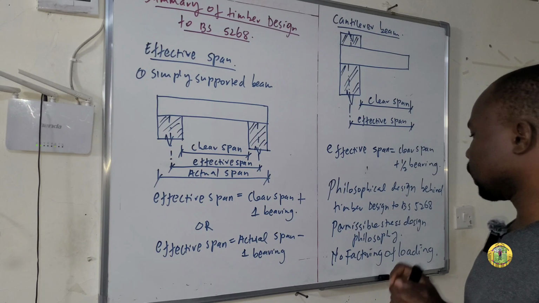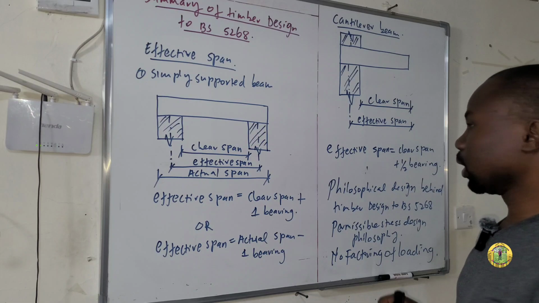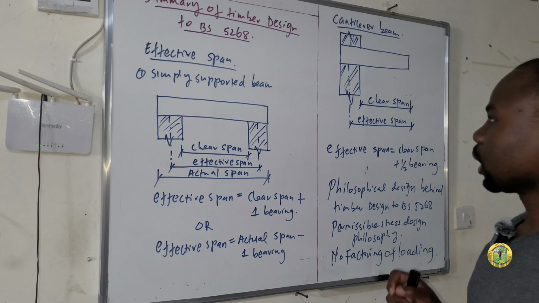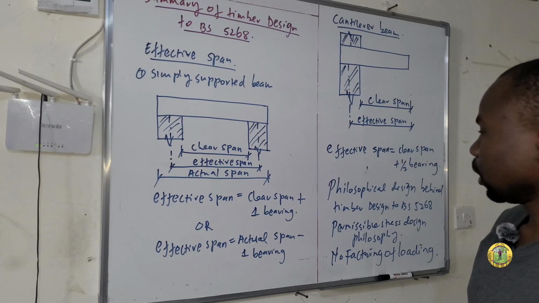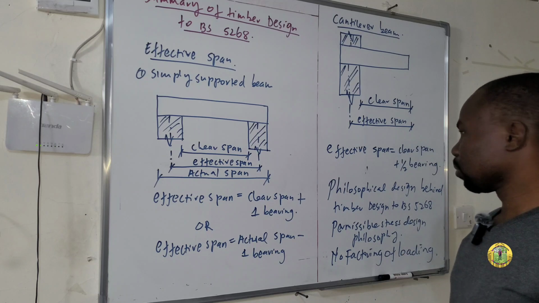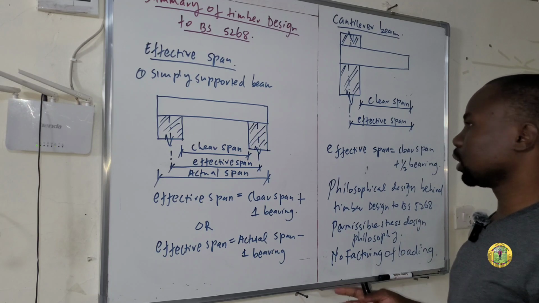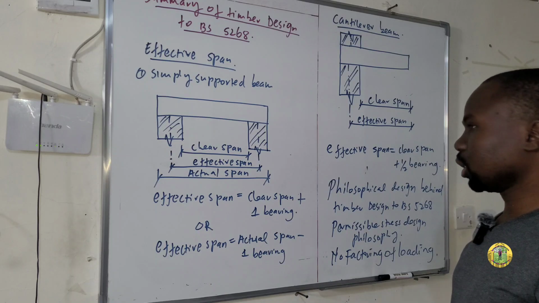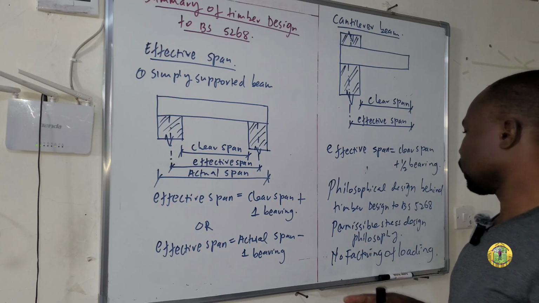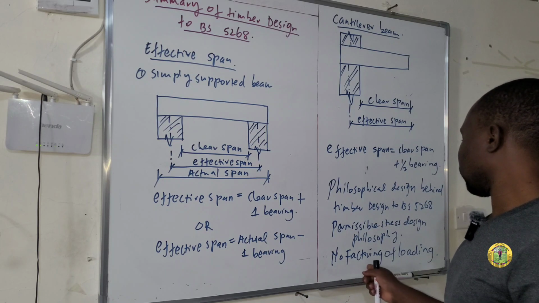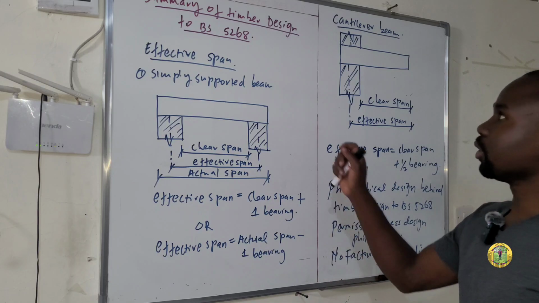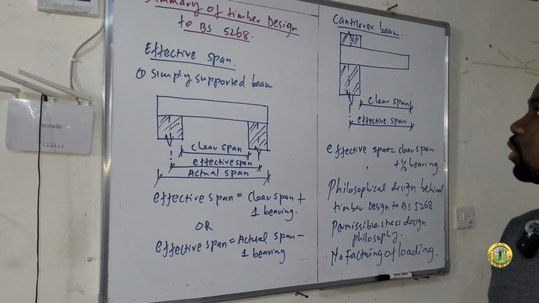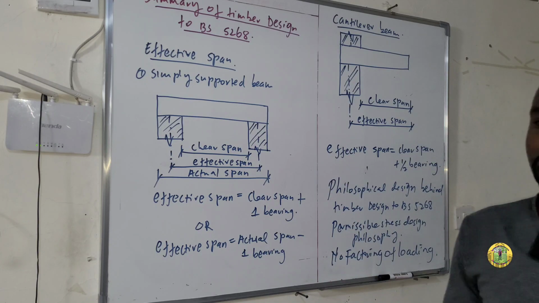You will just get the total loading, and then from there calculate the design moment, and from the design moment proceed and select the section that will be suitable for the loading you calculated. So no factoring of loading in this design of timber to BS5268.